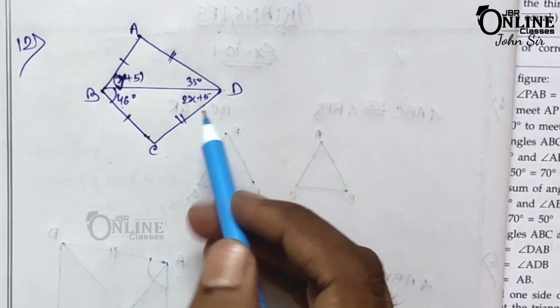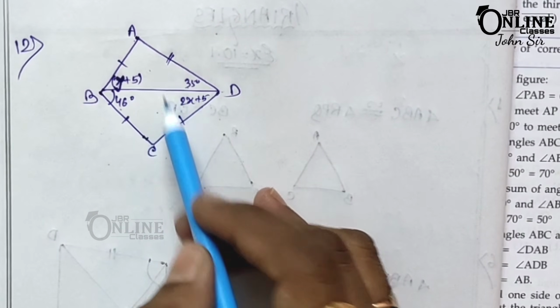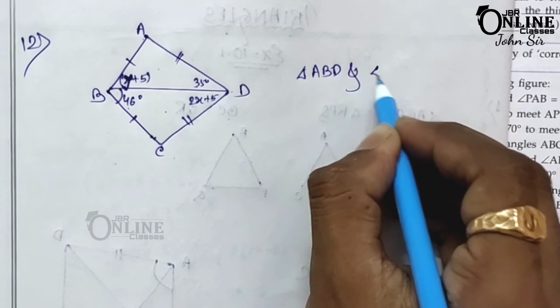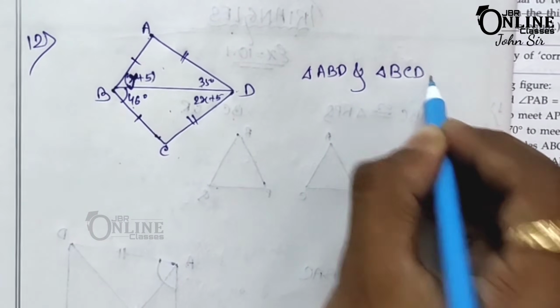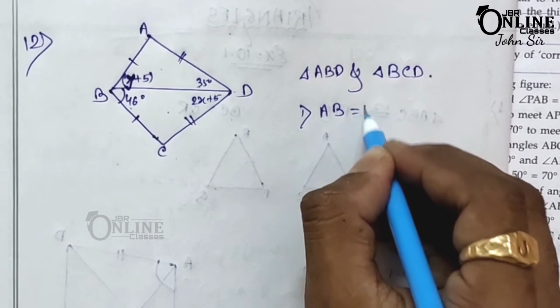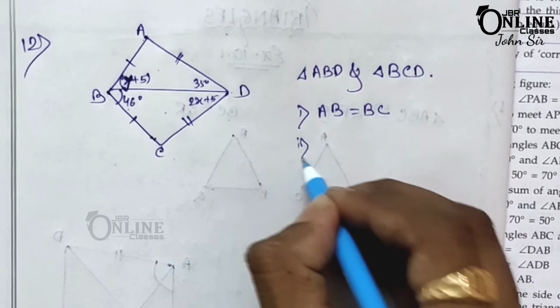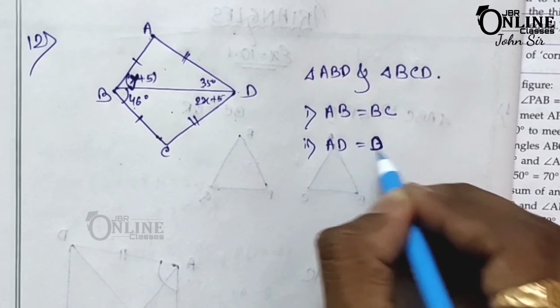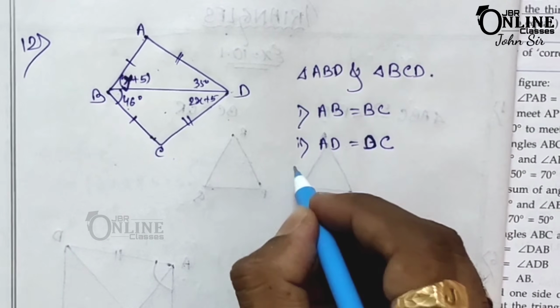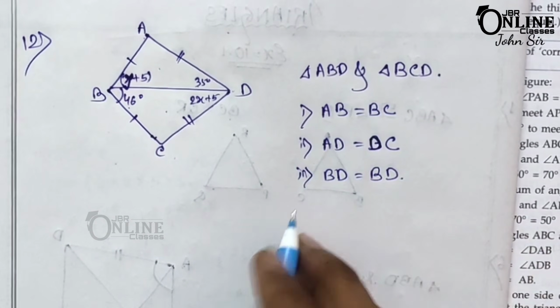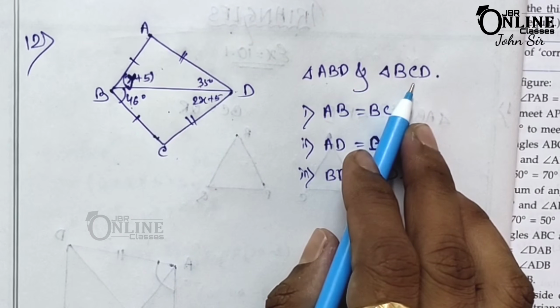First you have to prove these two triangles, triangle ABD and triangle BCD, are congruent. First condition, AB equals BC, it's given. Number 2, AD equals DC, it's also given. And third, BD is the common side.